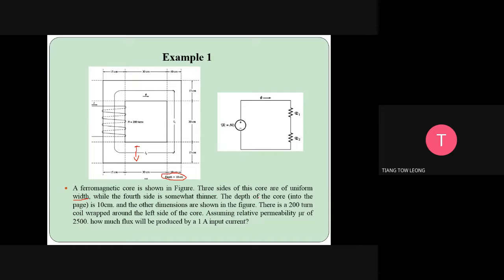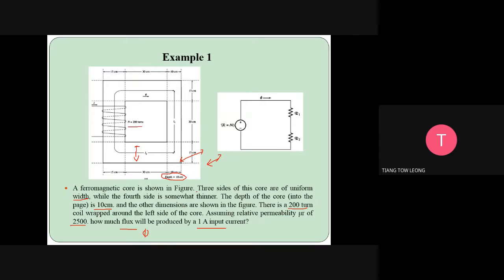The depth of the core into the page is 10 cm. So this is the depth. I mean here, this is the depth. And the other dimensions are shown in the figure. There is a 200 turns coil wrapped around the left side. So we have N equals 200. Assuming the relative permeability mu_R is 2500, how much flux will be produced by 1 ampere input current?